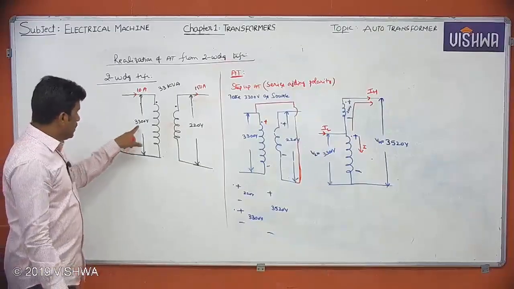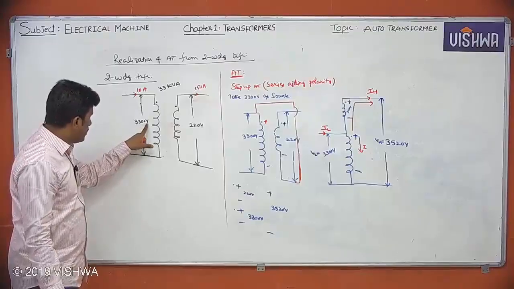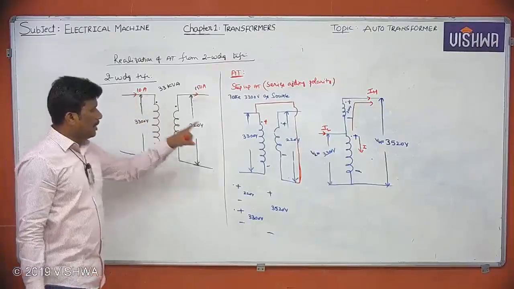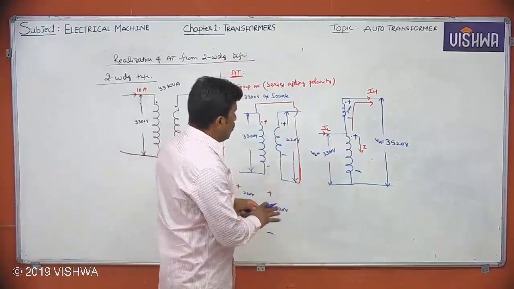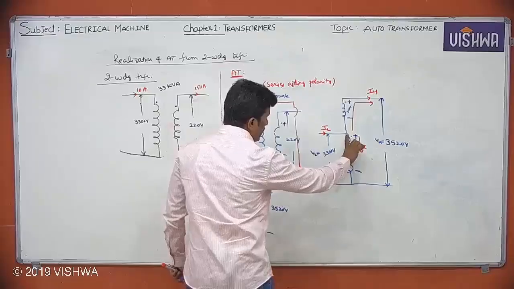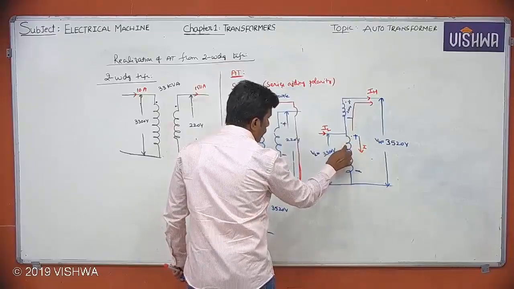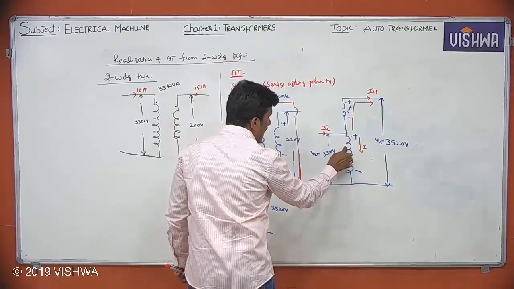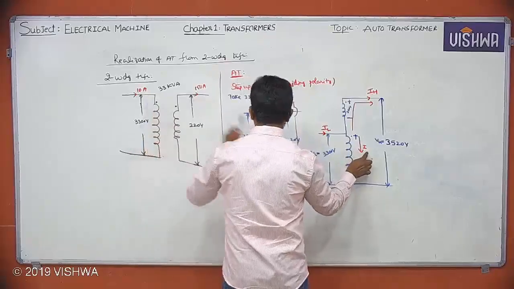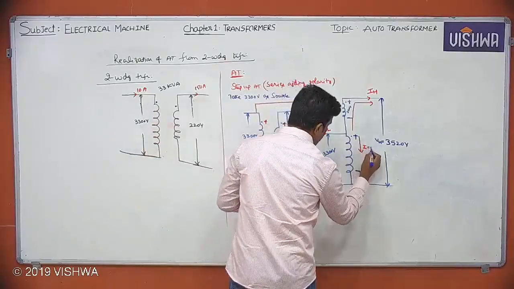That means this is the 3300 volts winding when it was a two-winding transformer. Now tell me, what is the current flowing through this 3300 volts winding? Previously, what was the current flowing through 3300? 10 amperes. Now also 10 amperes.